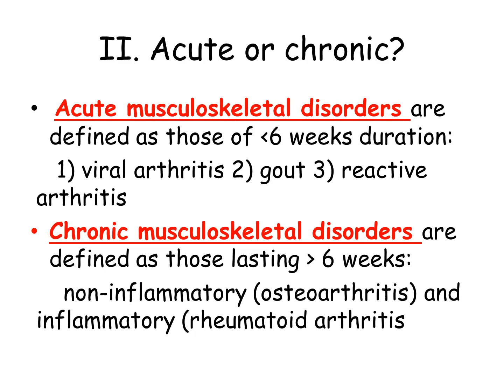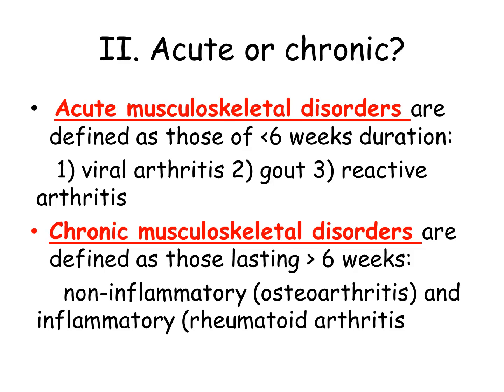So 6 weeks का एक period हमें differentiate करेगा कि is it acute or chronic. जैसे acute में septic arthritis भी आ सकता है. I'm just giving you examples so that when you ask these questions, you know what you are thinking about.